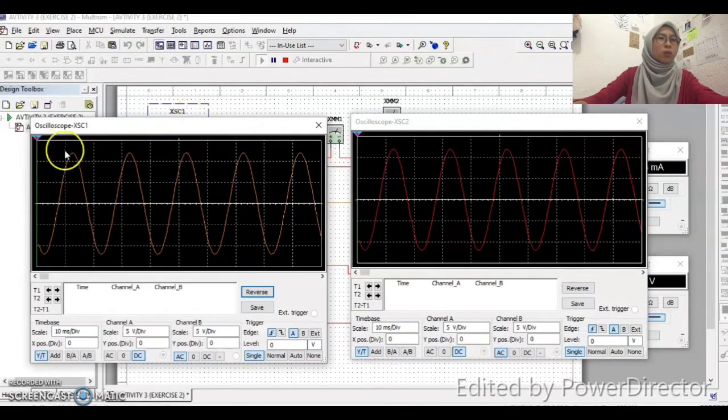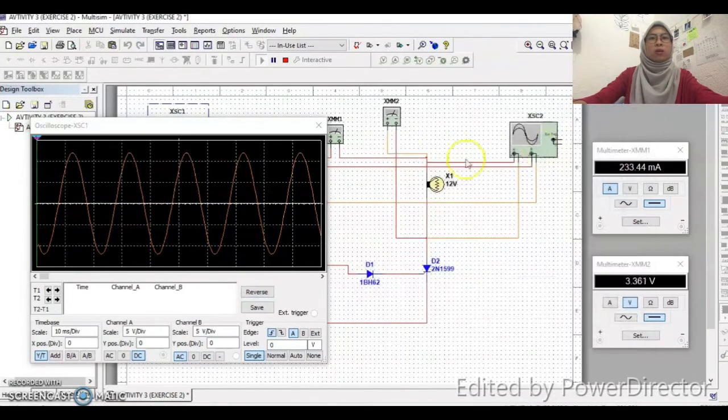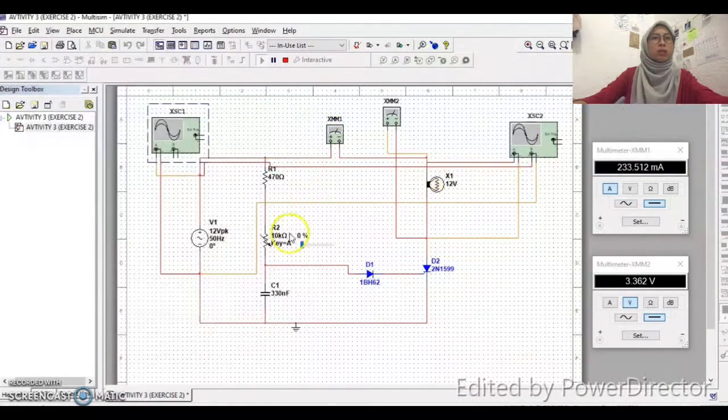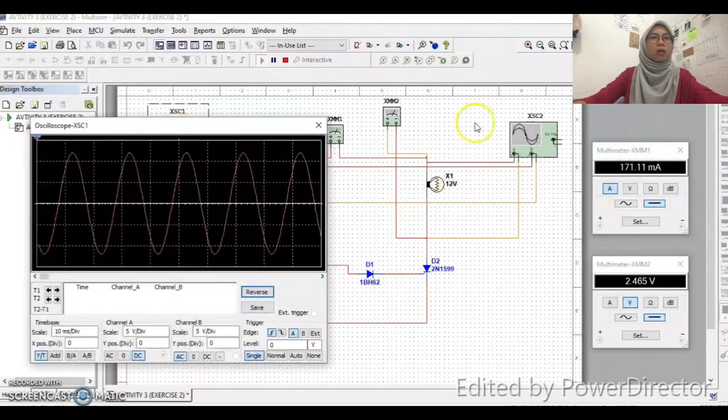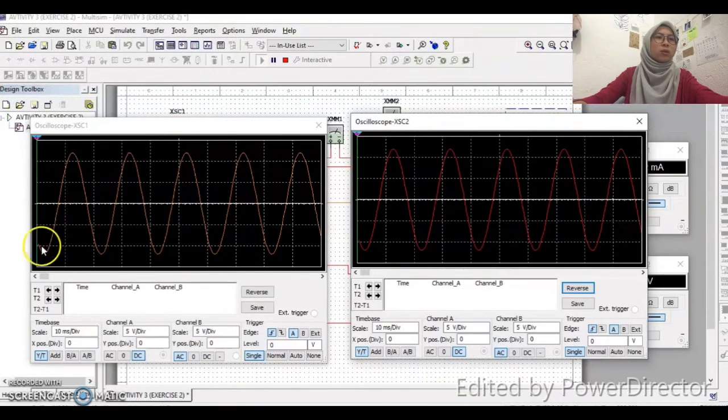So this is the waveform. Next we try 45%. For 45%, we got V out of 2.47 volt, and I out of 171.5 milliampere. And on the oscilloscope, this is the waveform.